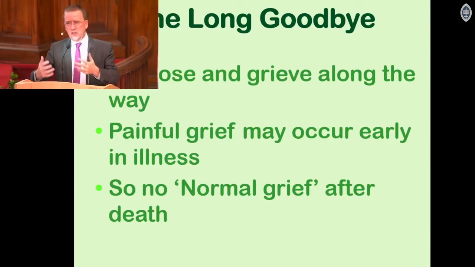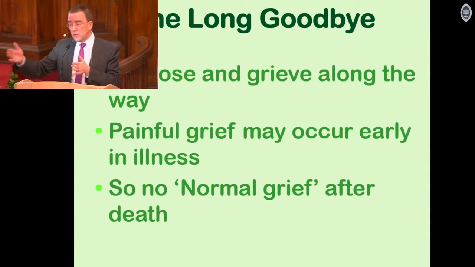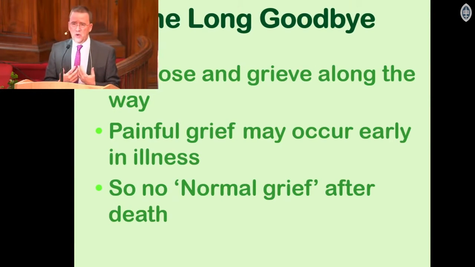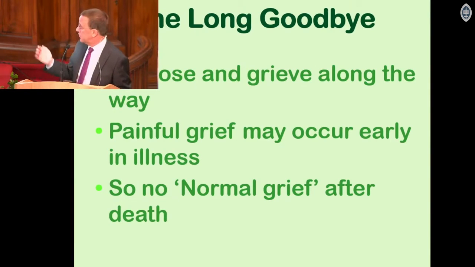And so they're coming to terms with that along the way. But it also means that the grief might be worst, most impactful near the beginning, when they realize that this person is dying. That's the time when it might most impact them, and they might feel and struggle emotionally with the knowledge now that they're losing the person they love.